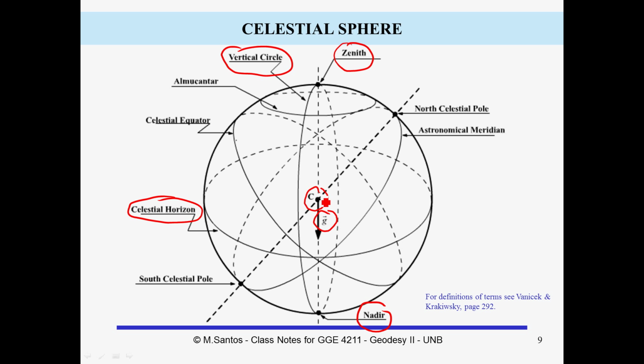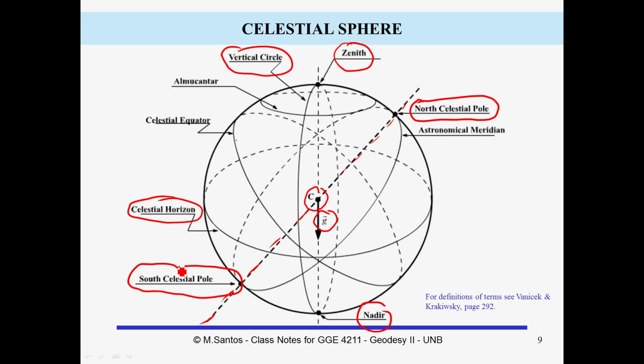The Earth's rotation takes place around the rotation axis, which of course is going to intercept the observer, and the upper portion will define the north celestial pole, and the lowest portion, which is not visible, the south celestial pole.